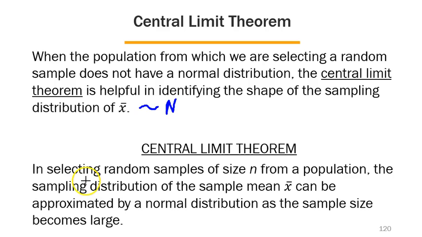What this says is that in selecting random samples of size n from a population, the sampling distribution of the sample mean, x bar, can be approximated by a normal distribution as the sample size becomes large. As I said a minute ago, in practice, the number for being large is that if n is 30 or larger, this condition will typically be satisfied.